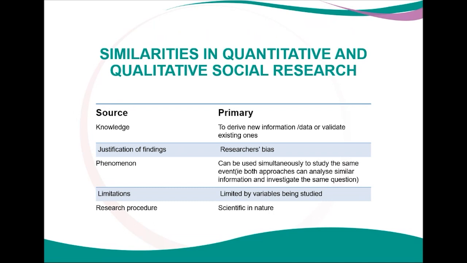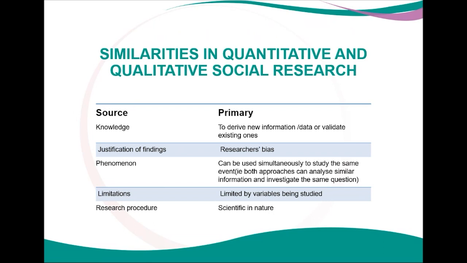So what are the similarities between qualitative and quantitative in social research? They all derive information from the data. They derive new information, and that information can come from the data. With qualitative, for example, they validate the data that they have, whereas with quantitative, they develop a theory, like I said.